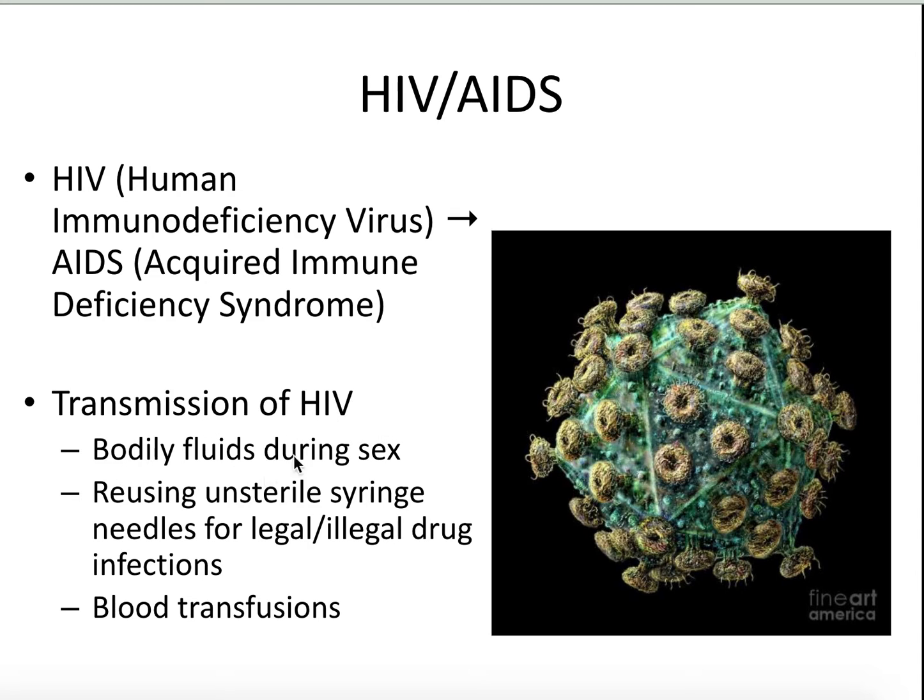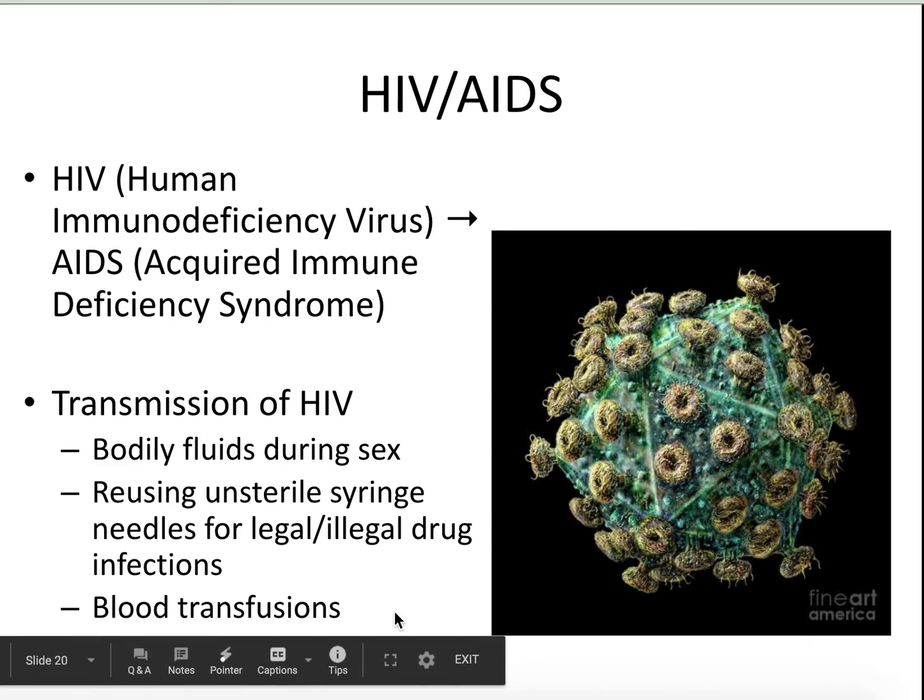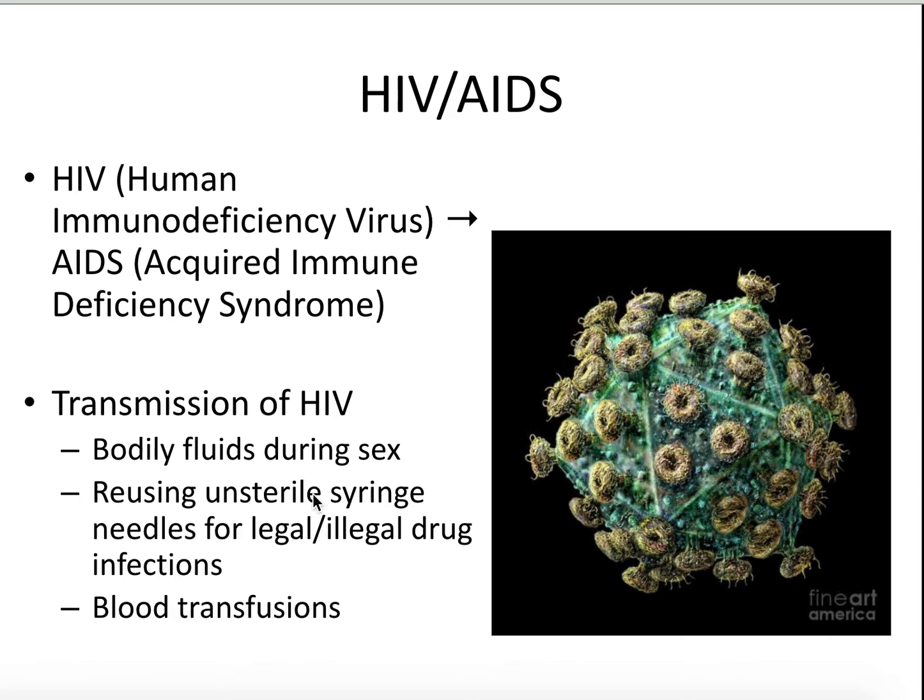It's through bodily fluids that are exchanged, either by sex, reusing unsterile syringes, so any of the fluids that the syringe has touched in your blood, or blood transfusions. It's not through kissing, for example. It wouldn't be saliva. It's fluids from blood or sexual activity.